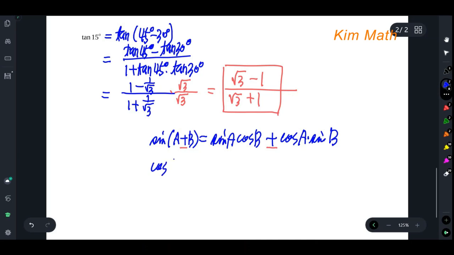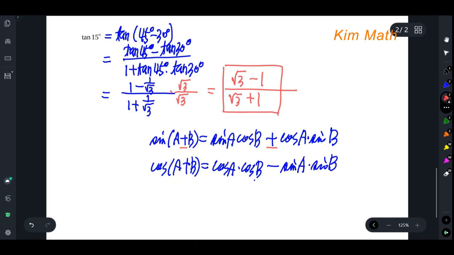And cosine A plus B will be cosine A times cosine B minus sine A times sine B. When you have a negative sign, you must have a positive sign here.